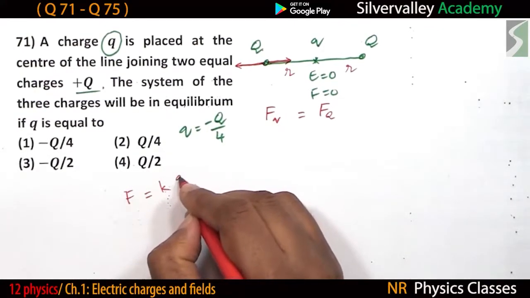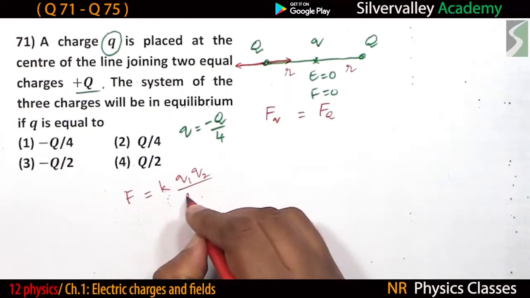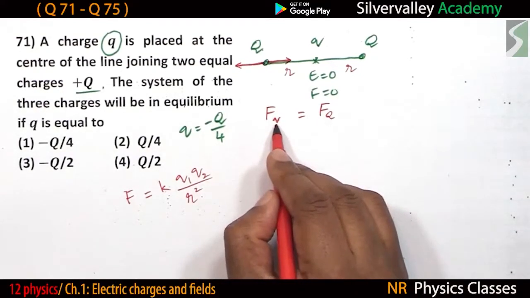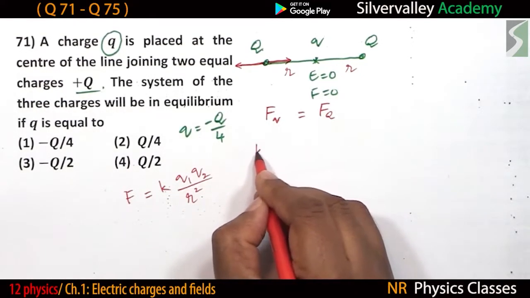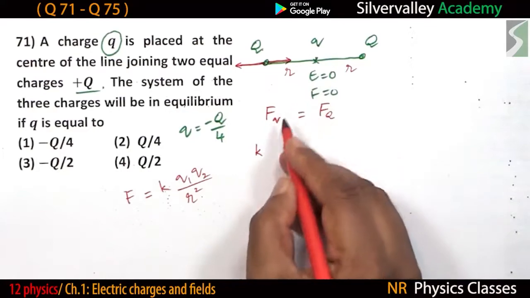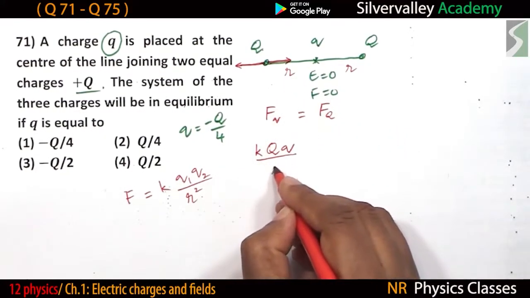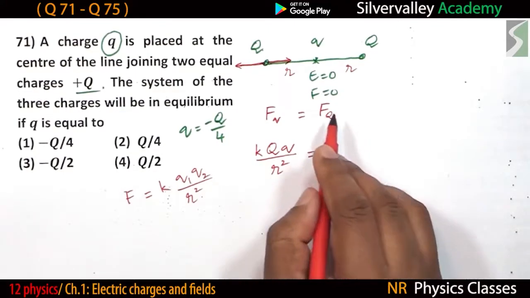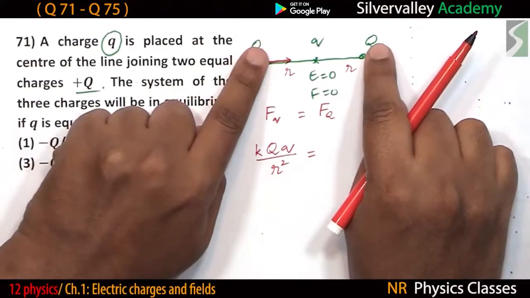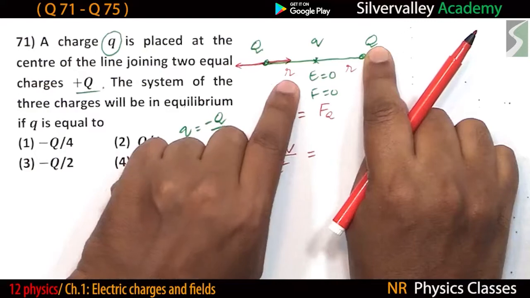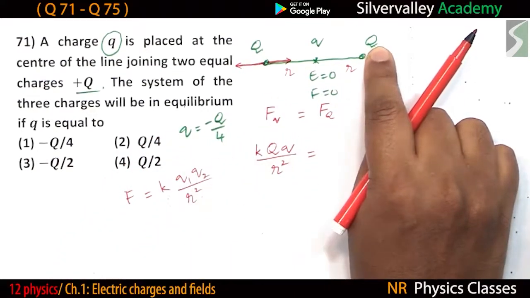Force is constant q1 q2 by r square. So in this case, constant capital Q small q by r square, equal to force between these two, where distance between these two is r plus r, 2r.